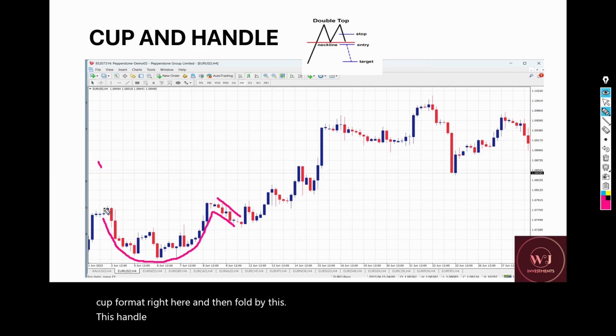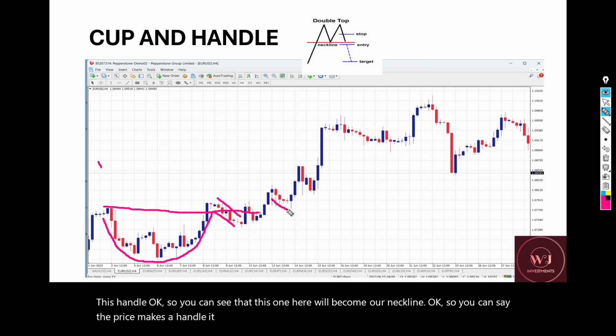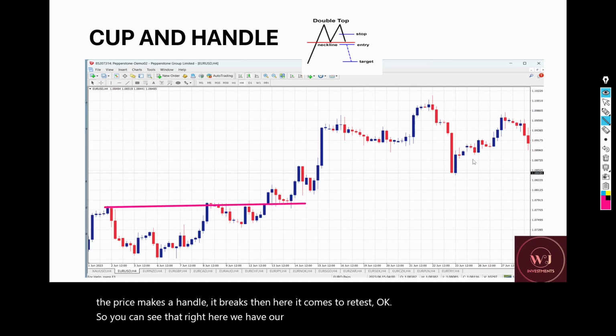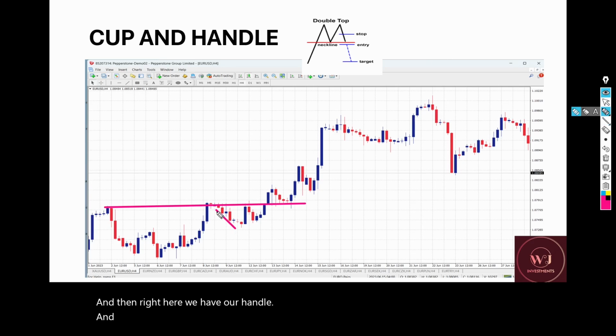Okay, so you can see that this one here will become our neckline. Okay, so you can see the price makes a handle, it breaks, then here it comes to retest. Okay, so you can see that right here we have our neckline. Okay, and then right here we have our handle, and then on the lower side here we have the cup. So that is the cup and handle.